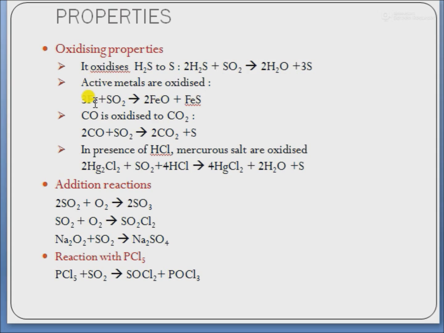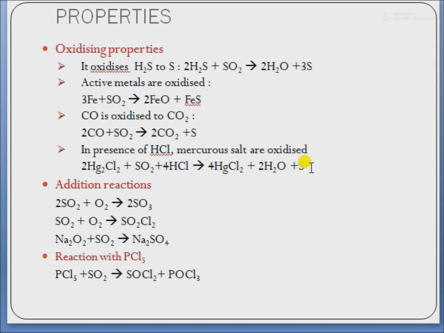Here the oxidation state of iron is 0 and in this compound it is plus 2. CO is oxidized to CO2. CO plus SO2 gives CO2 plus sulfur. In presence of HCl, mercurous salts are oxidized. Hg2Cl2 plus SO2 plus 4HCl gives HgCl2 plus water plus sulfur.